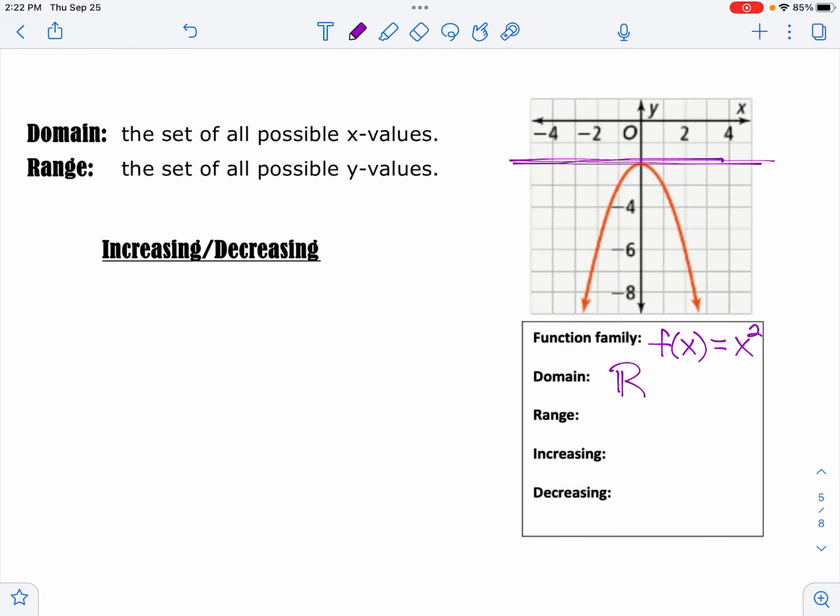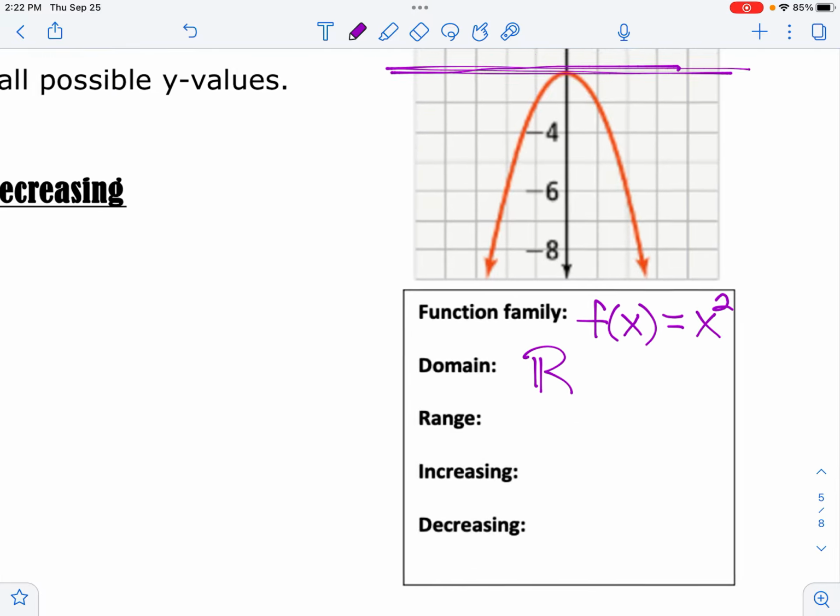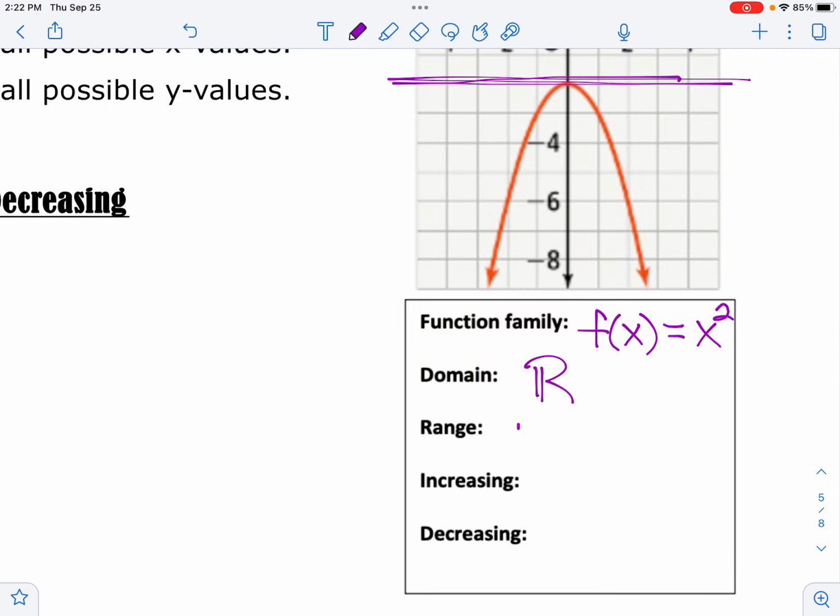Since range is y, I'm going to say the range is y is less than or equal to -2. Notice I used a y here because that's my range. If it were x, that would be talking about domain.